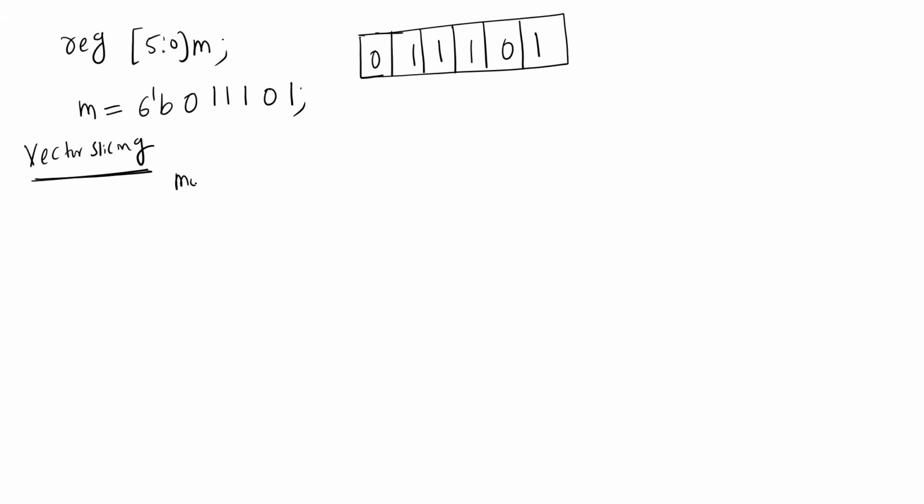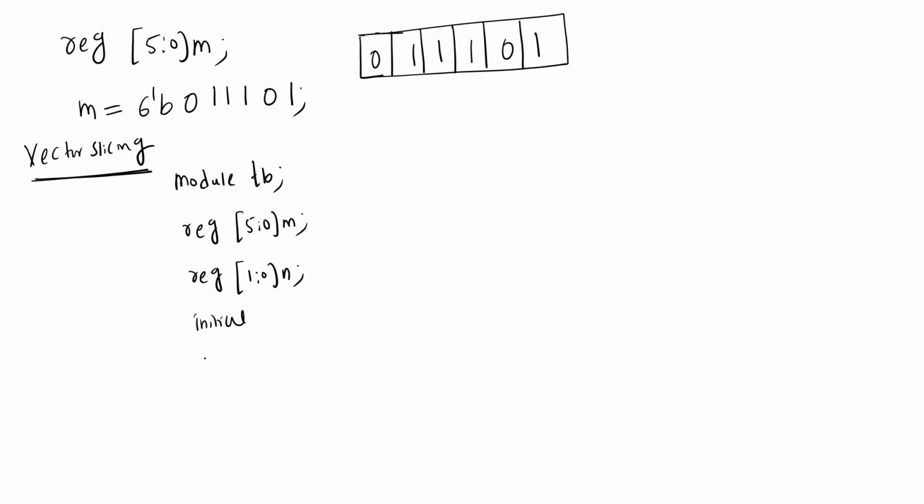Let us take TB, module TB. I am declaring reg 5 down to 0, m. I am declaring reg 1 down to 0, n.